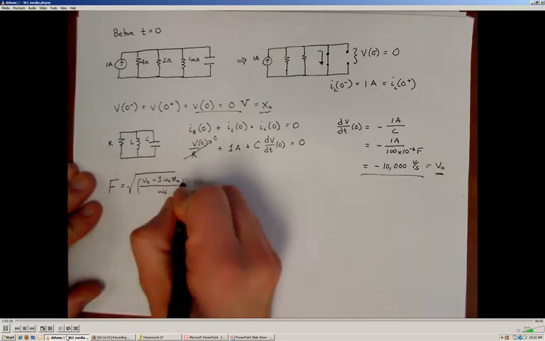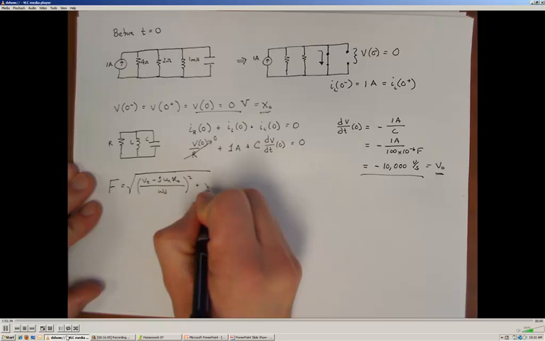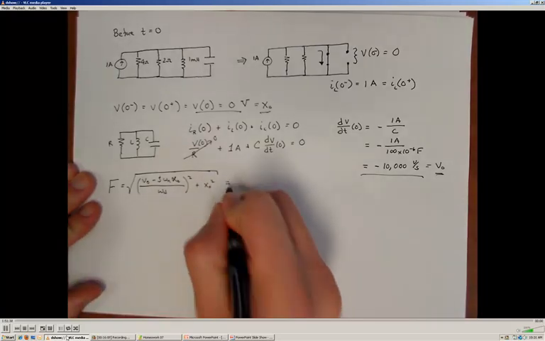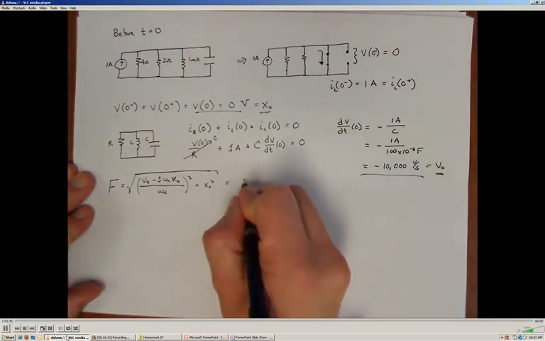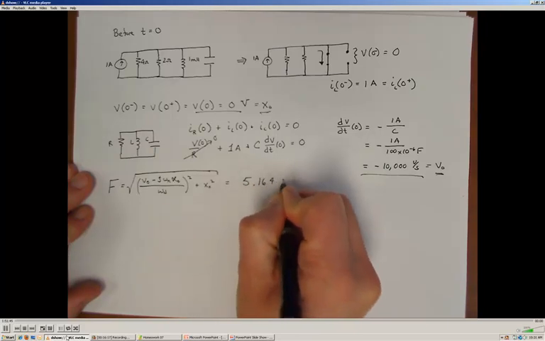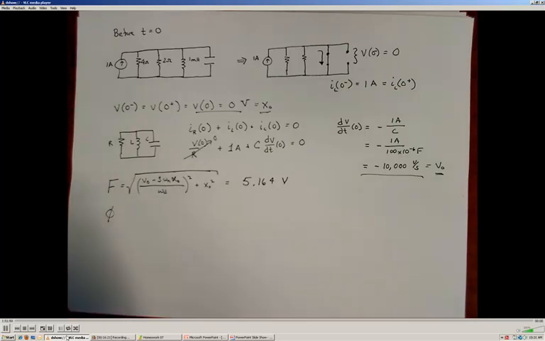I'm going to take all of that, square it and add it to x naught squared. And when I plug it all into my calculator or Excel, I find that the value of f is 5.164 volts.